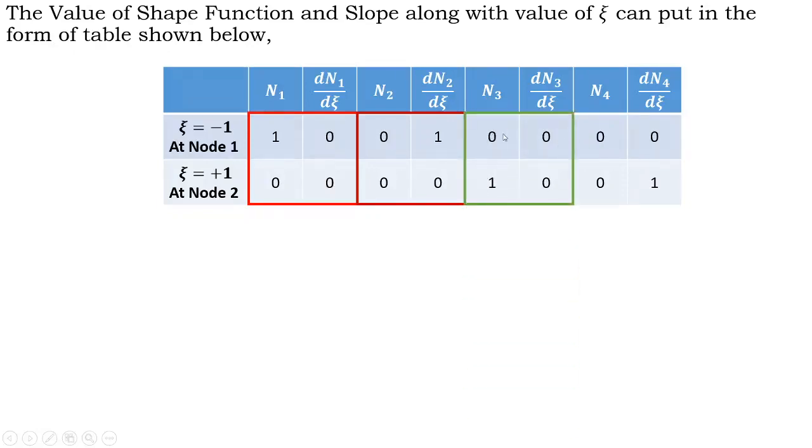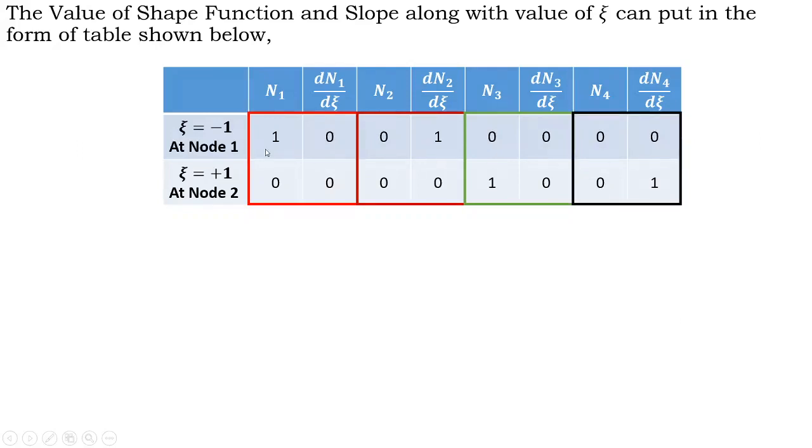These are the 4 boundary conditions to get 4 equations, and solving them I get n3. Similarly, the last one, n4, is related to the slope. Therefore dn4 divided by d zeta is the slope at node number 2, so under this I have unity and the remaining 3 become 0. So these are the set of 4 values to get the 4 equations.